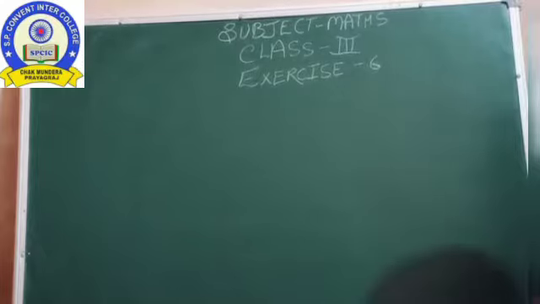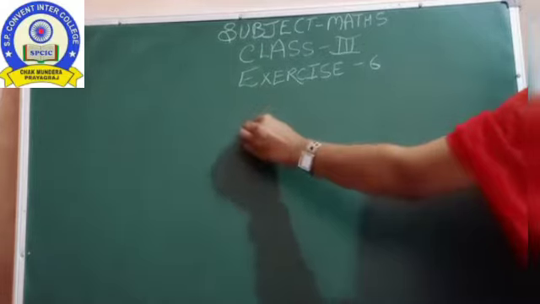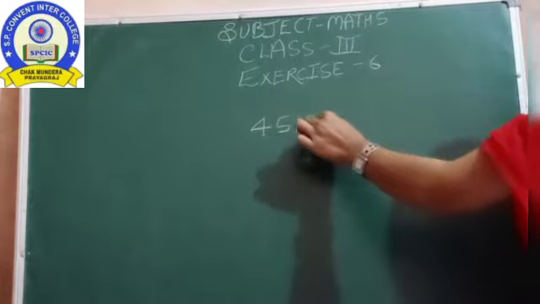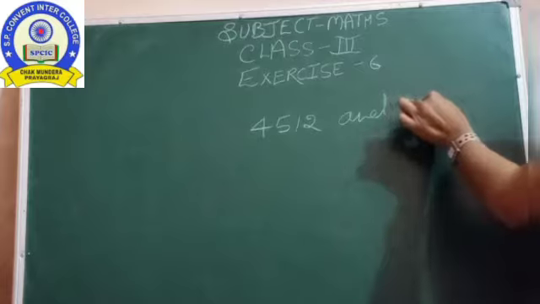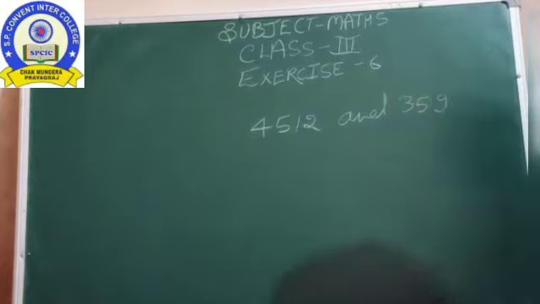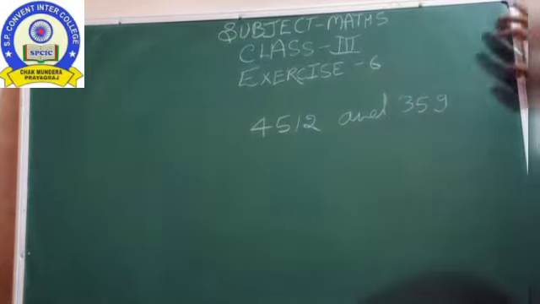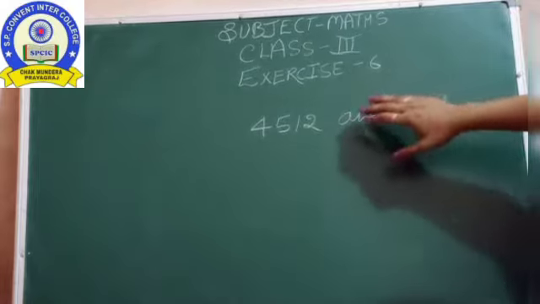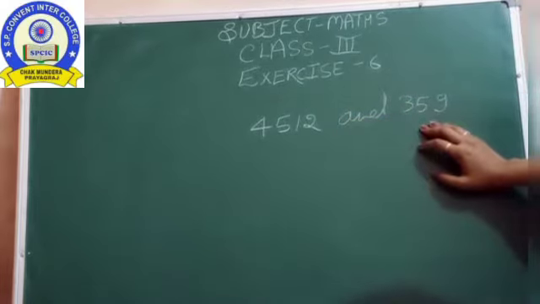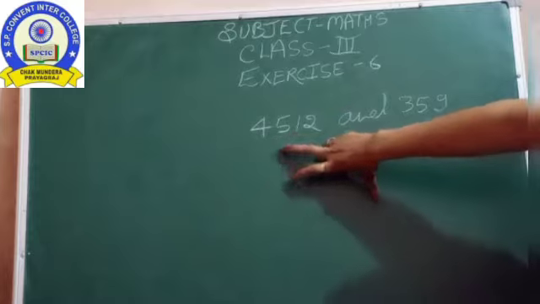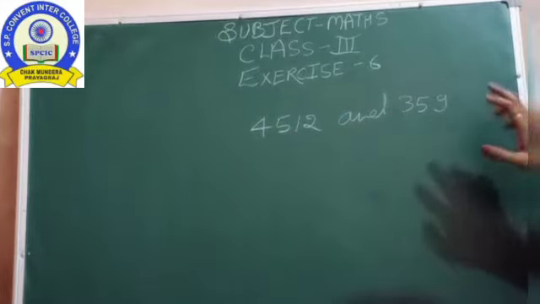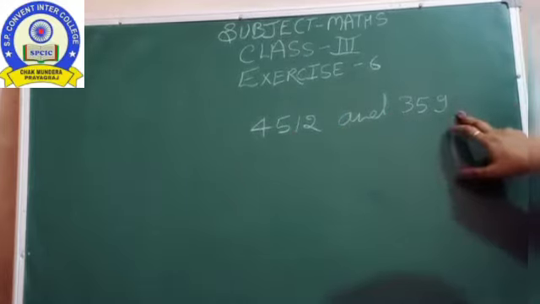For example, 4512 and 359. 4512 has 4 digits and 359 has 3 digits.